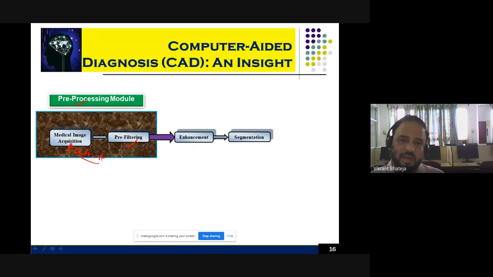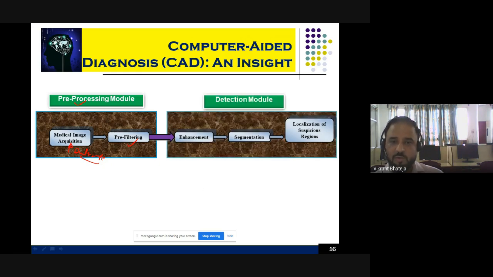You need to segment the region of interest. Suppose we have some tumorous region that you tend to see in the mammographic image. You need to segment that particular region of interest for further analysis. This is what we call localization of the suspicious region, and this module is known as the detection module, or computer aided detection.